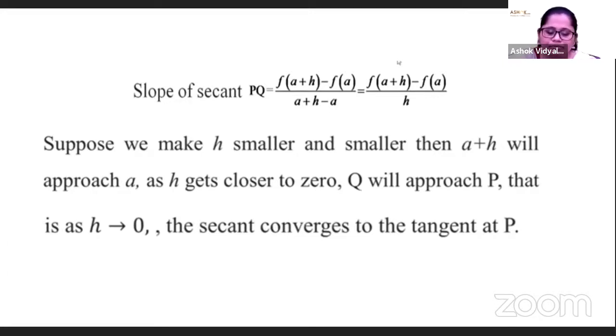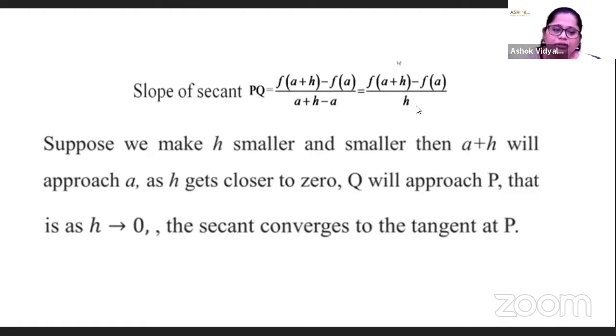By using the formula for slope, the slope of the secant PQ is f of a plus h minus f of a upon a plus h minus a. This is f of a plus h minus f of a upon h.